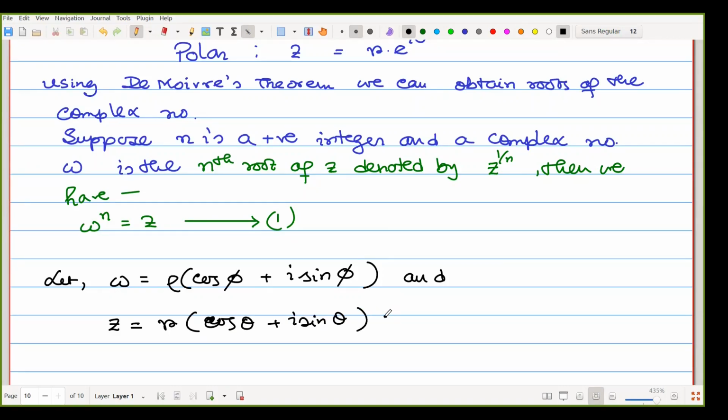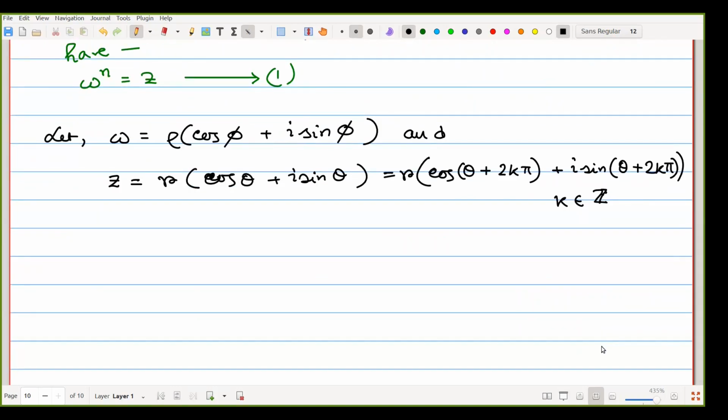That means we can write theta as cos of theta plus 2k pi, according to the trigonometric form, plus i sin of theta plus 2k pi, where k always belongs to the set of integers.